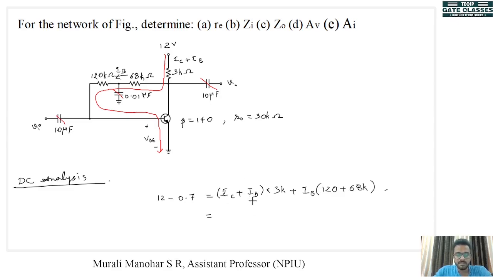So here we will get (beta plus 1) IB into 3K. So this becomes (beta plus 1) IB into 3K plus IB into 188K, right? On the left hand side we have 11.3.